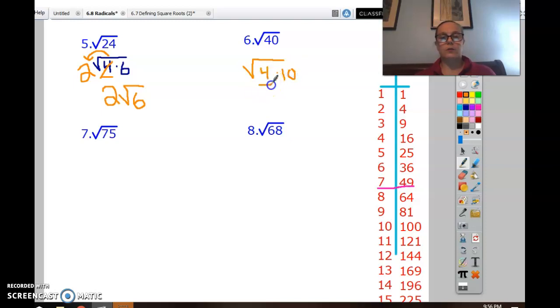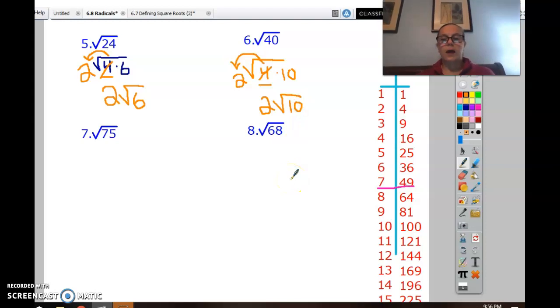Again, we take the square root of 4, which gives us 2. Now we've got 10. I know we have 1 times 10 and 2 times 5. None of those are perfect squares, so my answer is going to be 2 radical 10.